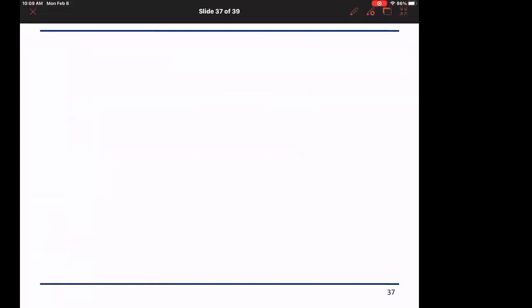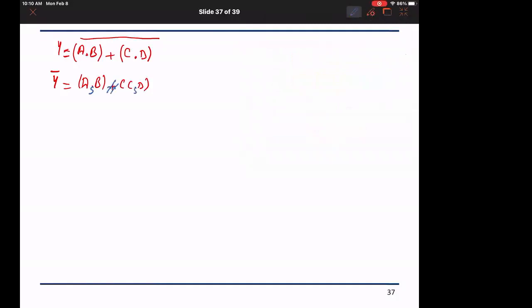So given that we have here Y is equal to A and B or C and D bar. Even if it was not bracketed, I start bracketing the original expression. So this has precedence, this has precedence. So Y bar will be equal to A and B or C and D. And for this now, we can replace this by a series, this by a parallel, and this by a series.